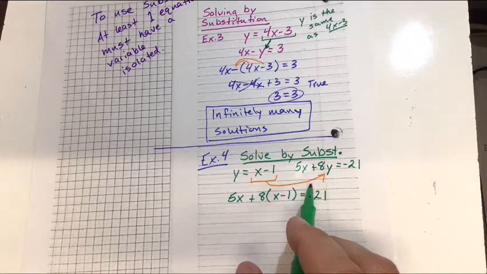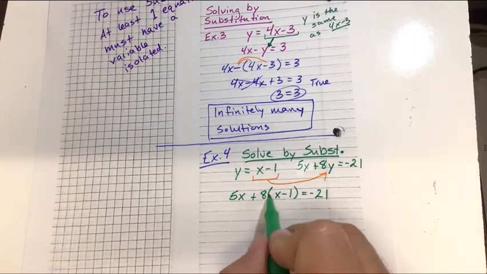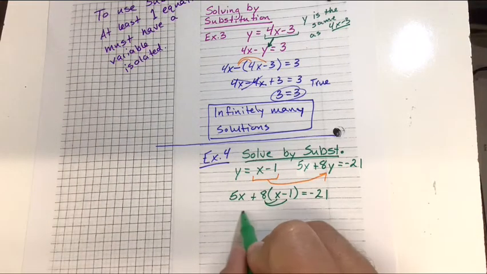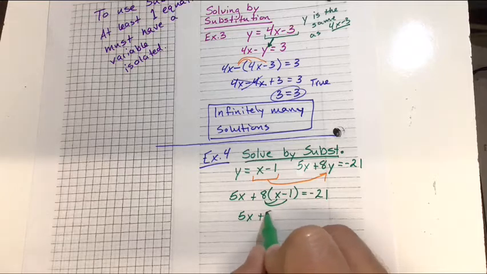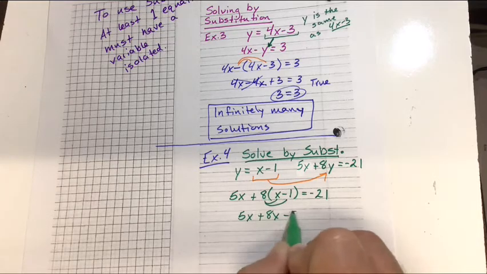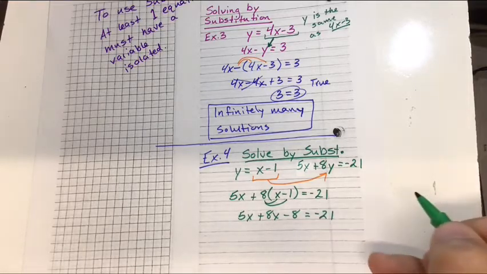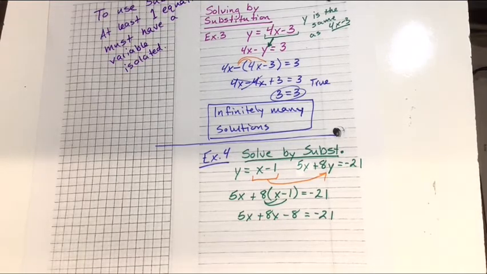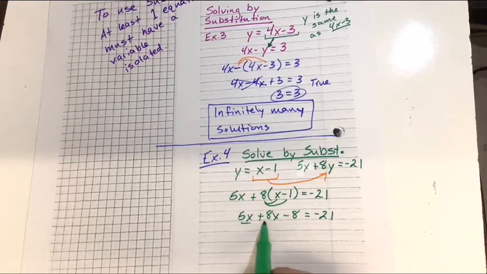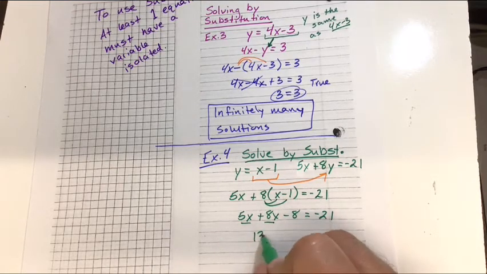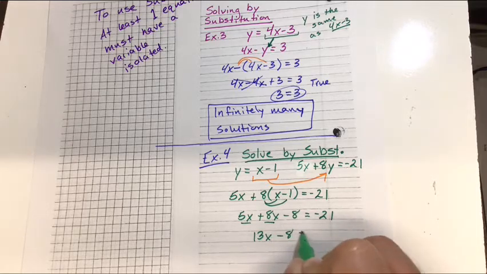Well, now I have an equation that only has x's in it, and I can solve that equation for x. Distribute first. So 5x plus 8x minus 8, 8 times negative 1 is minus 8, equals negative 21. Now we can combine like terms here and here. 5x plus 8x, that's 13x minus 8 equals negative 21.